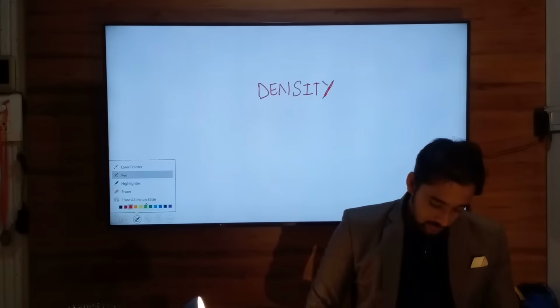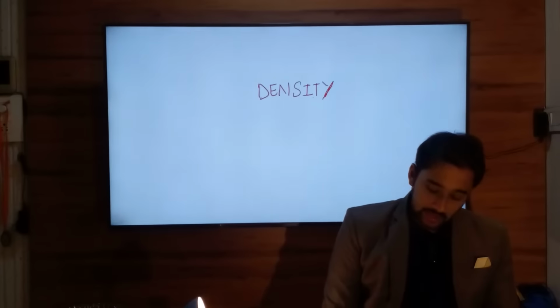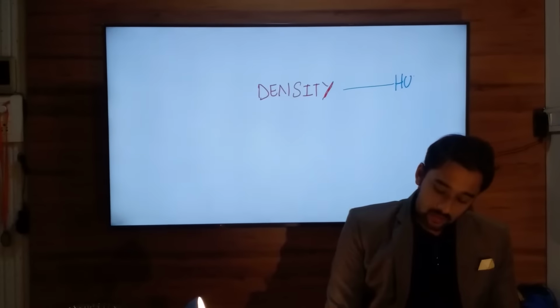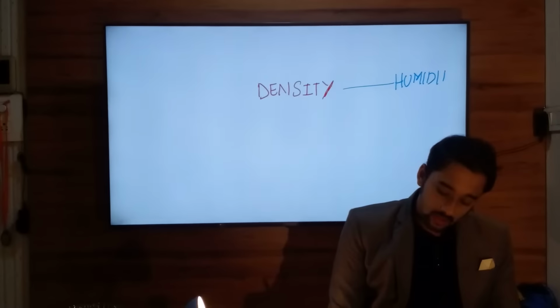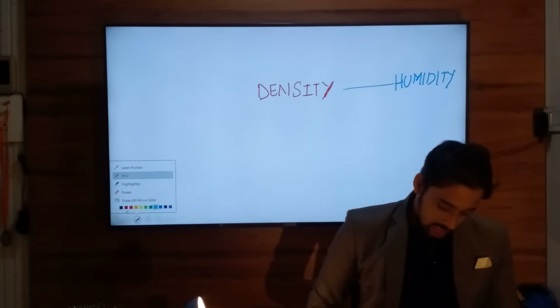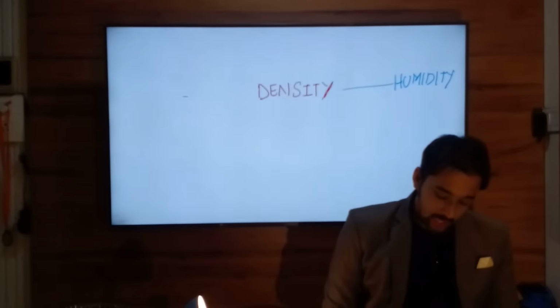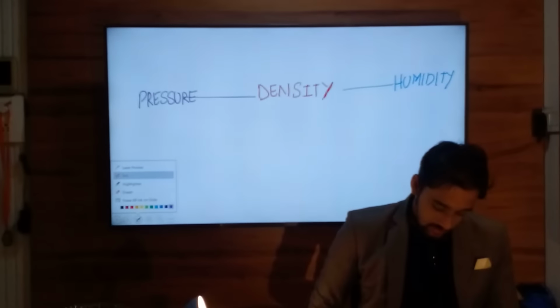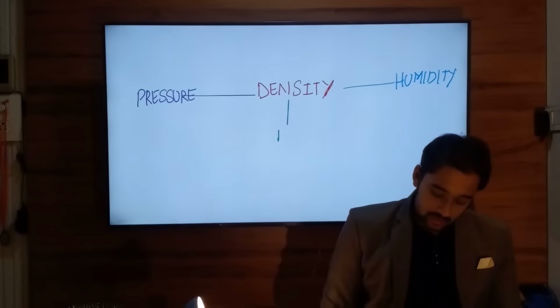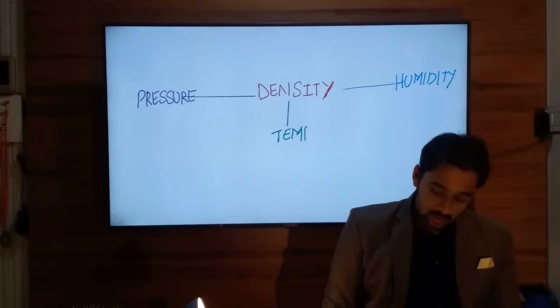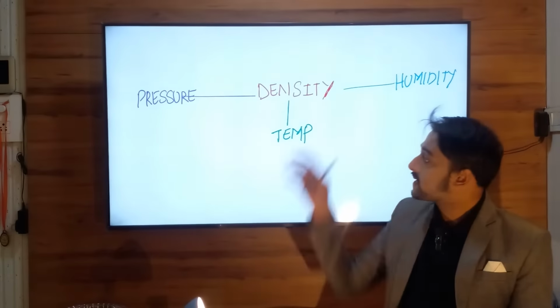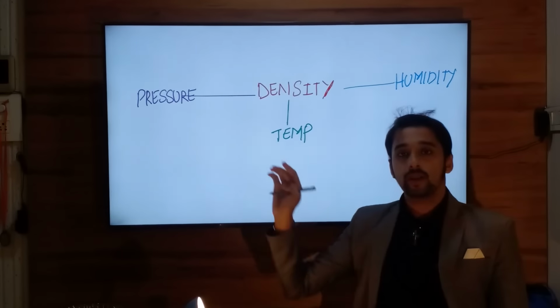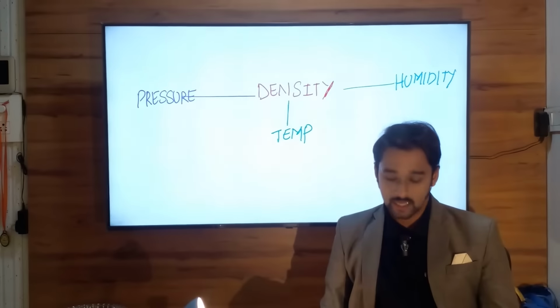First of them is humidity, next is pressure, and third is temperature. So humidity, temperature, and pressure will affect your density.